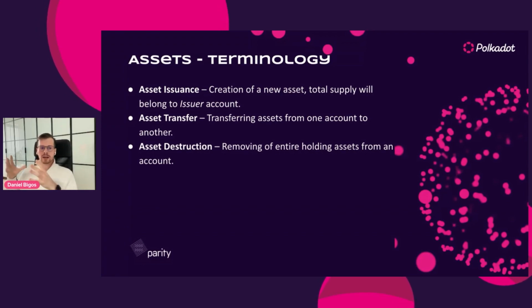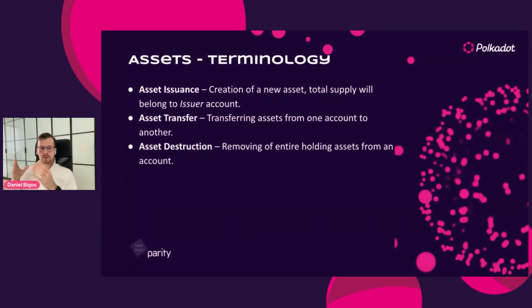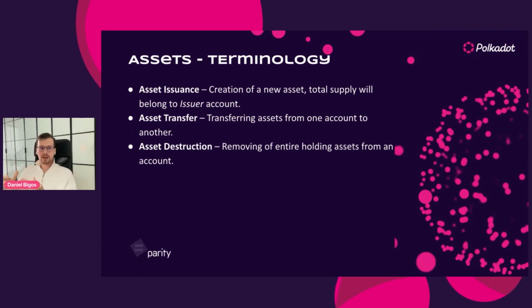Also, we have asset transferring. What is asset transferring? It's the process of sending some assets from one account to another. We also have a term called asset destruction. The process is about removing, destroying assets from an account or even from a chain.